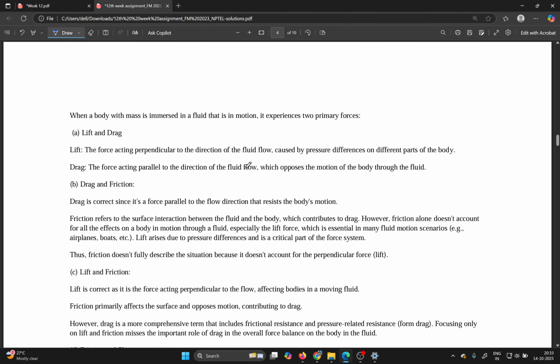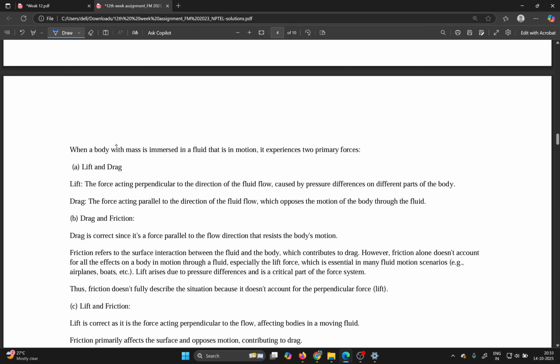But let me just read the explanation of why. When a body with mass is immersed in fluid that is in motion, it experiences two primary forces, lift and drag. Lift is the force acting in the perpendicular direction to the fluid flow, caused by the pressure difference on different parts of the body. Drag is the force acting parallel to the direction of flow, which opposes the motion of the body through the fluid.